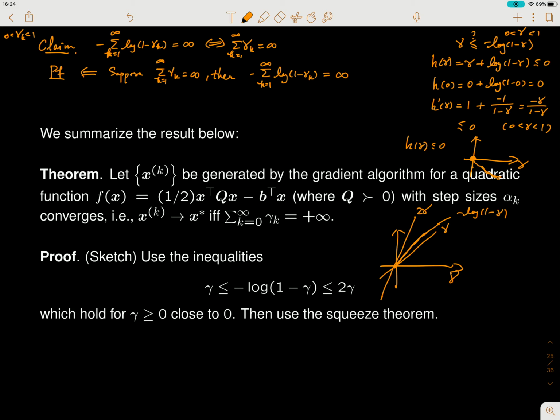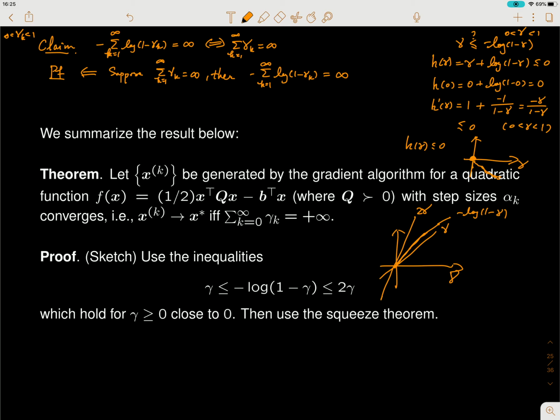The reason is just what we showed here, that for gamma between 0 and 1 this is actually true. So you take the sum of gamma k, and on the right hand side you also take the sum. That's how we show that the sum of gamma k is infinity, and this one will be only bigger than this, so it will also be positive infinity. So that's one direction.